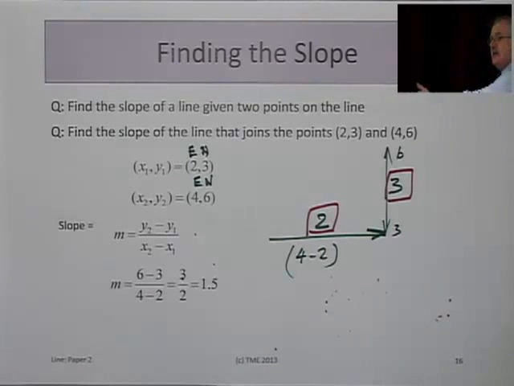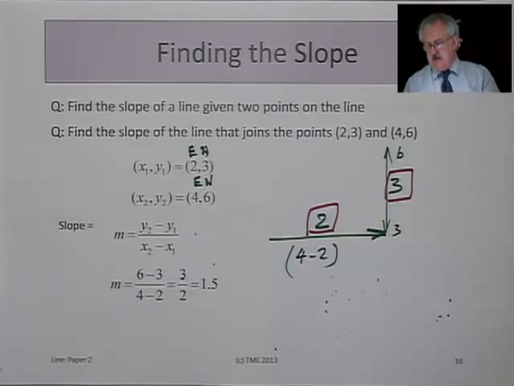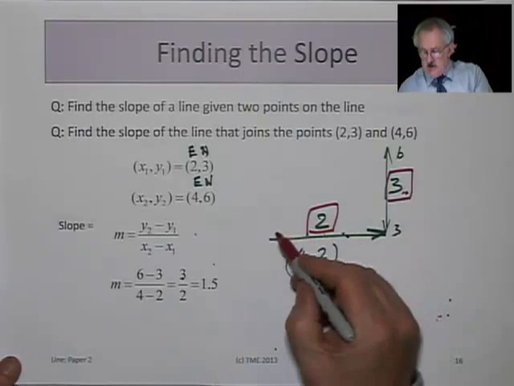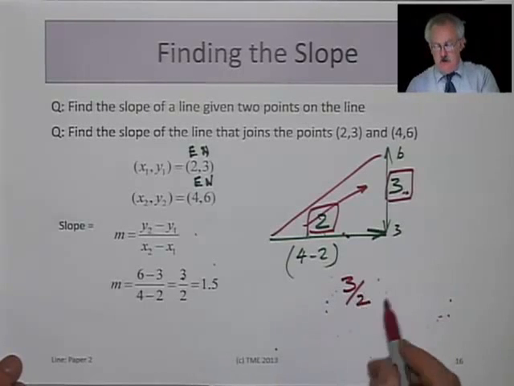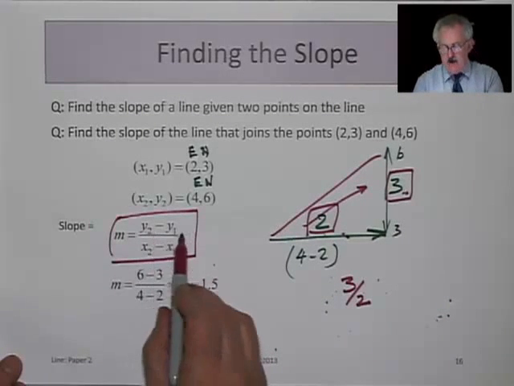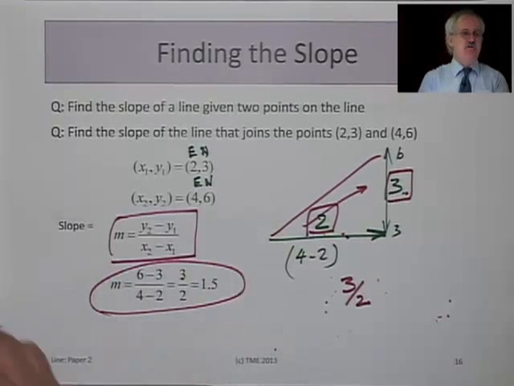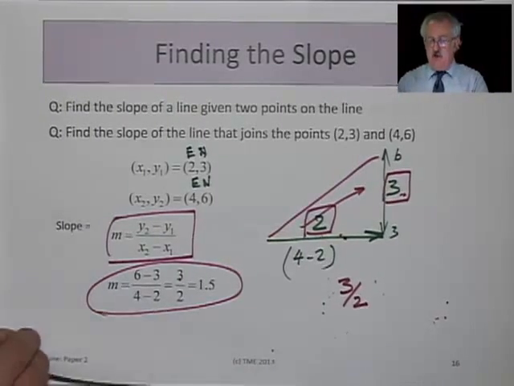The slope is always this over that, the y over the x, opposite over adjacent, it's 3 over 2. Or it's y2 minus y1 over x2 minus x1, the change in y's over the change in x's. And the m value turns out to be 1.5. So the slope is 1.5.